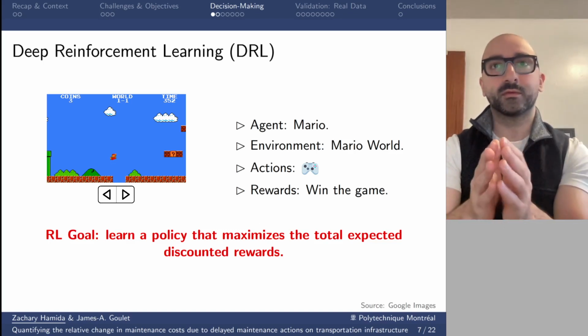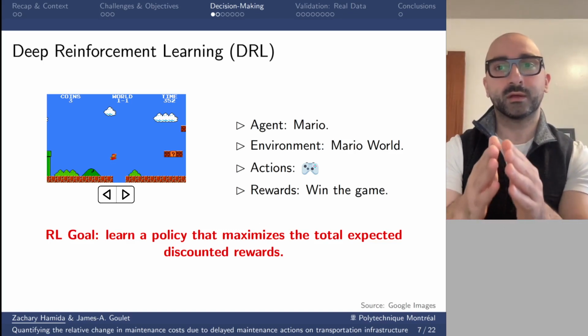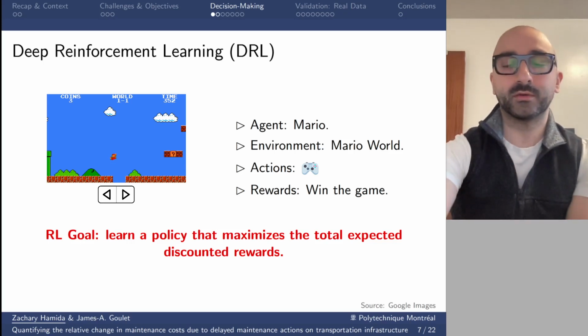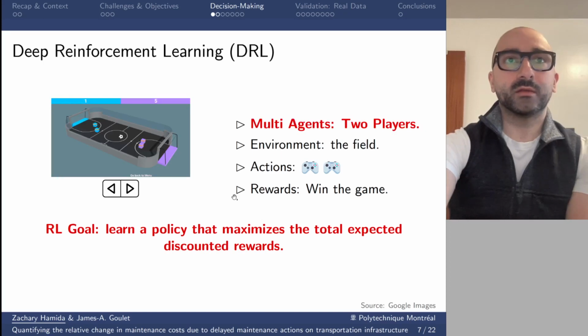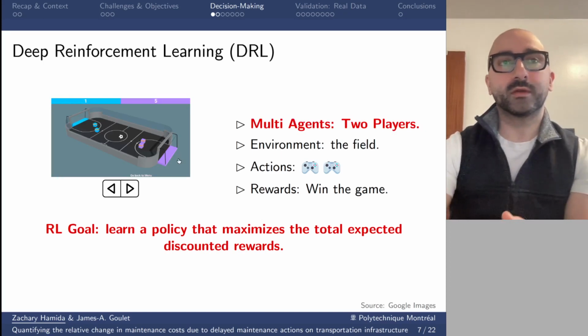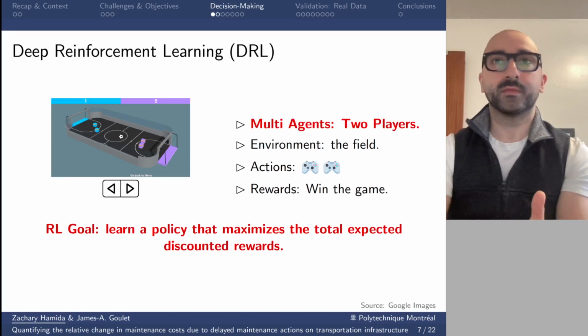Now this is for something called single agent reinforcement learning. If we want to extend this, we can give an example for a multiplayer game.